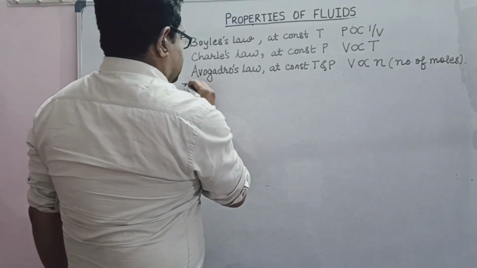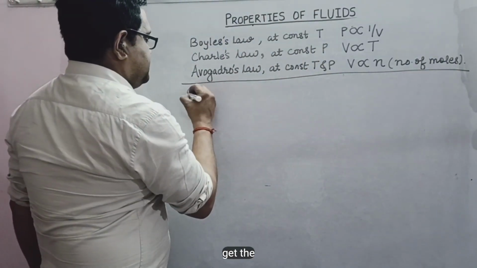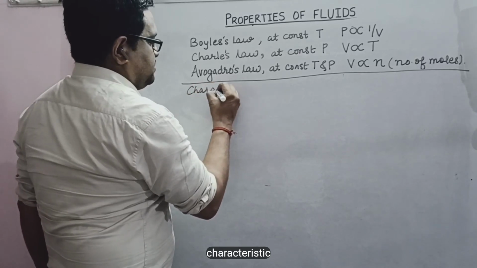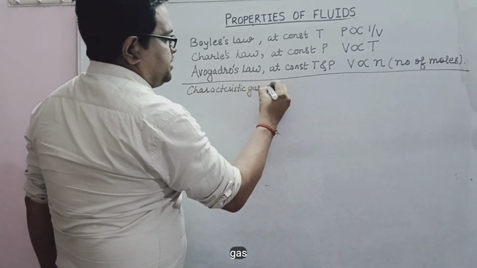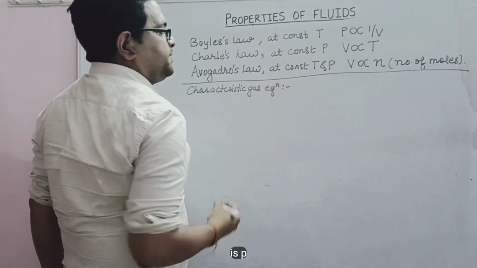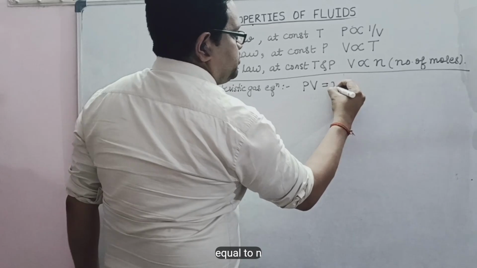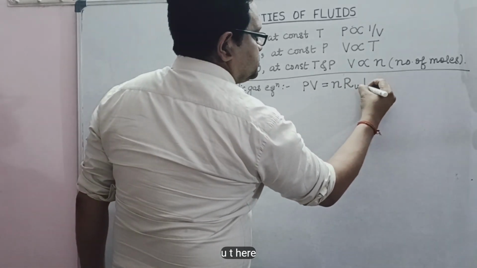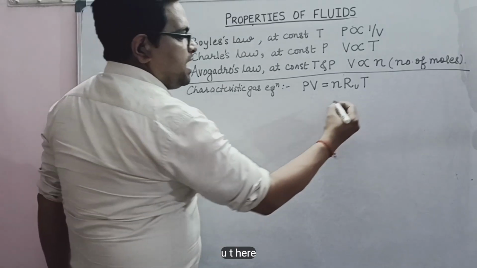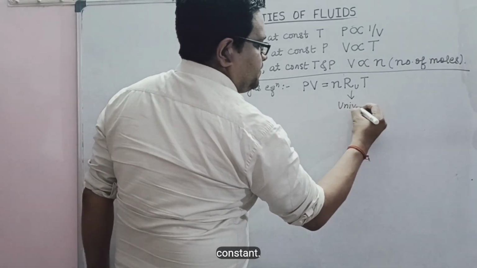Now, combining the three equations, we get the characteristic gas equation, which is PV = N R_U T. Here R_U stands for the universal gas constant.